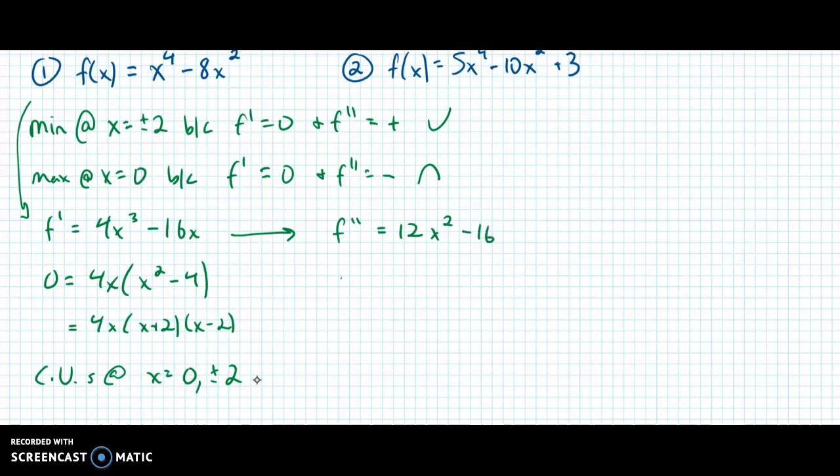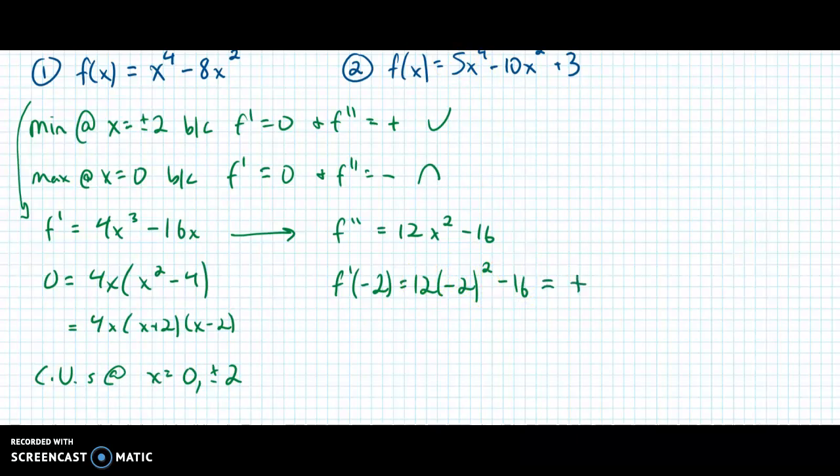So now what we do is we find f double prime of negative 2. Well, that is 12 times negative 2 squared minus 16. And look, this is 12 times 4. It's way bigger than 16. So this is positive.